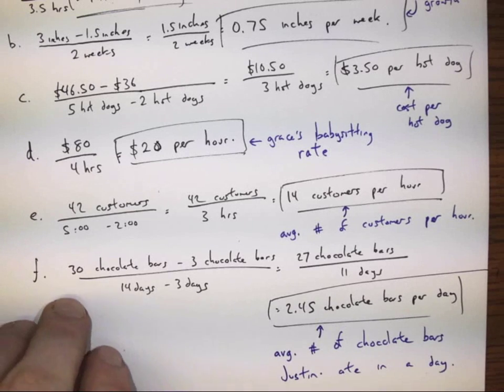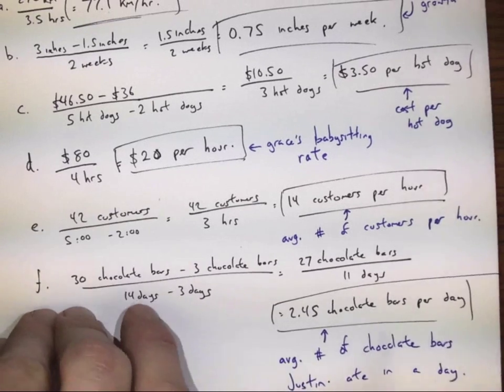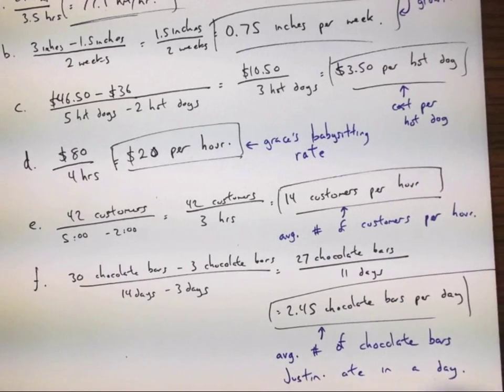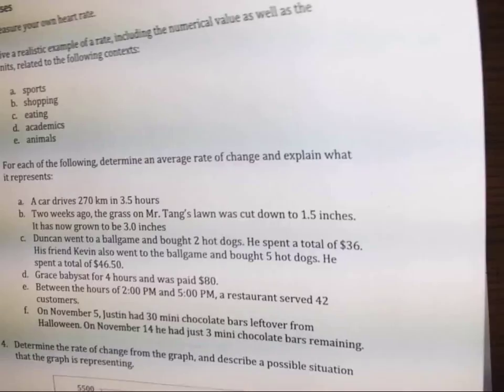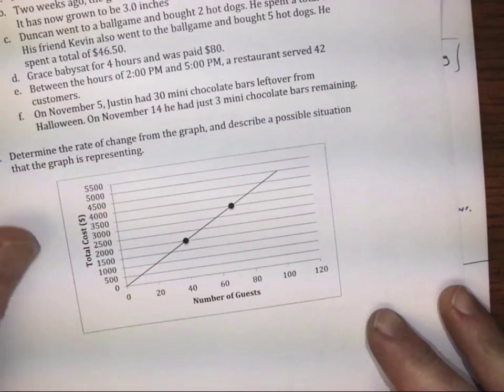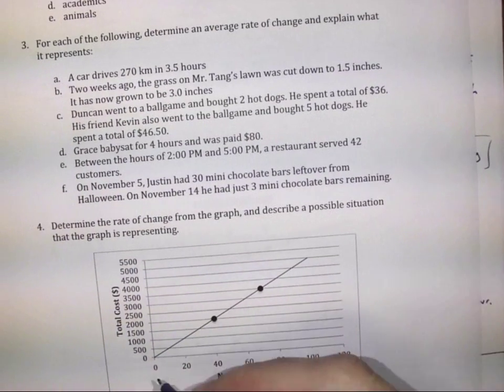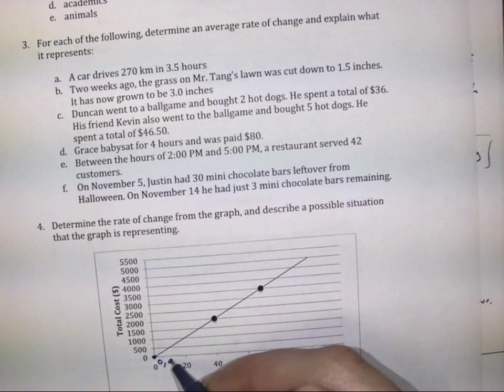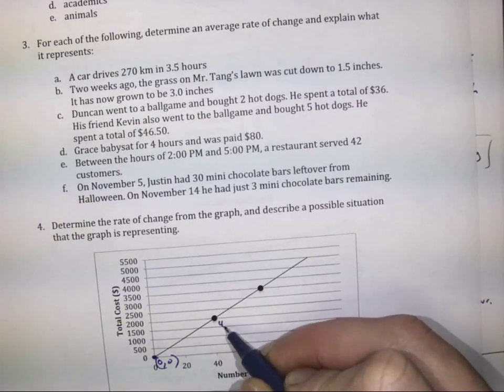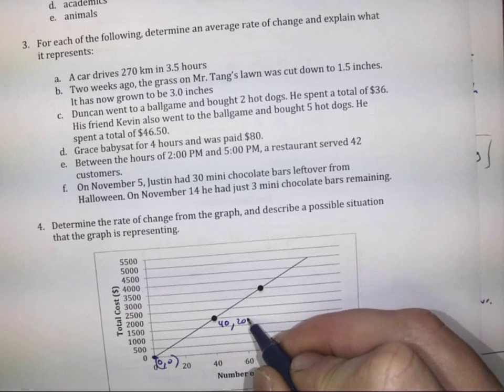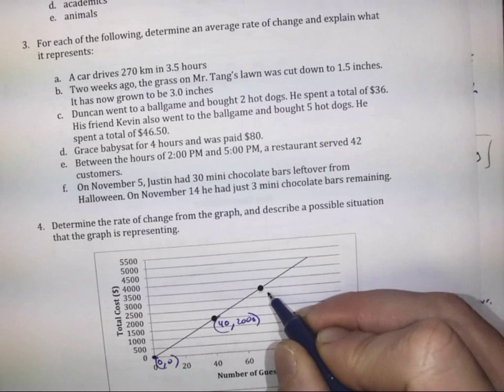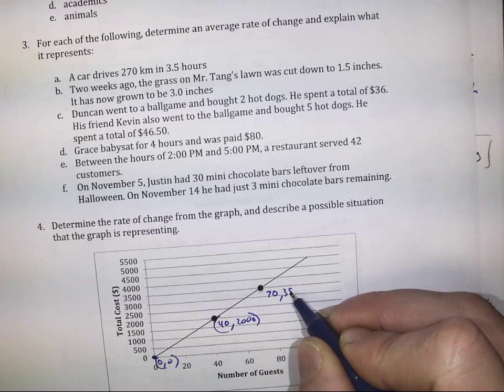All right. So lastly, we'll look at question 4. We'll do this right on here. So I think we should start by listing some points. We have (0, 0), (40, 2000), and (70, 3500).